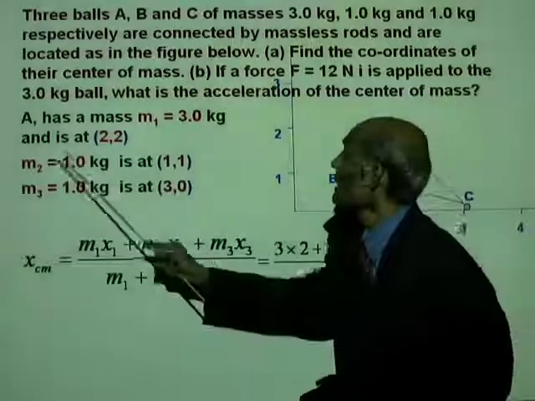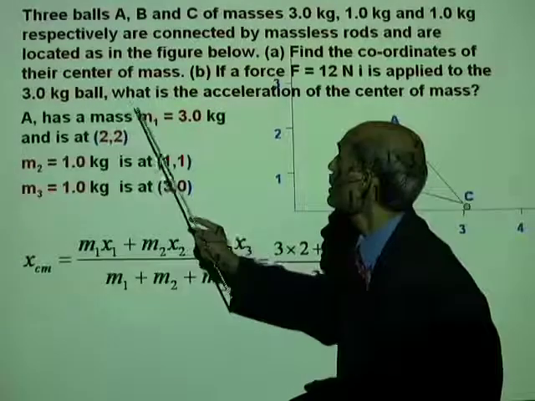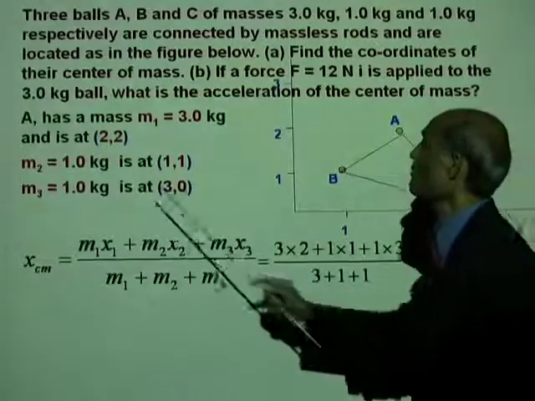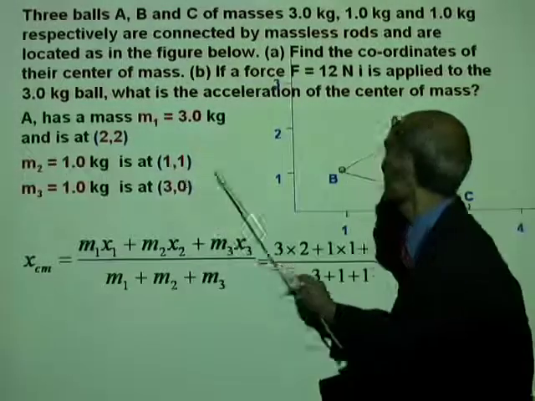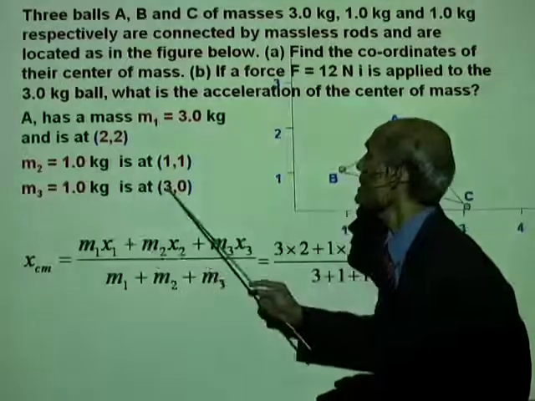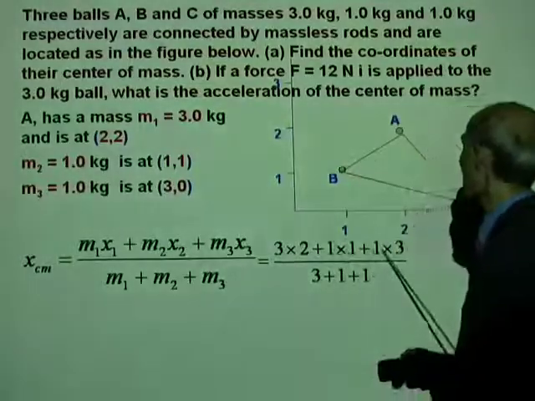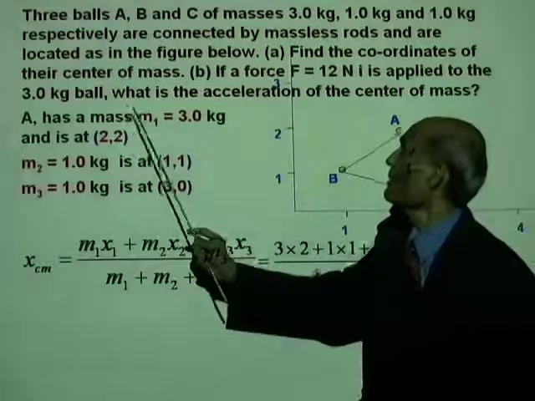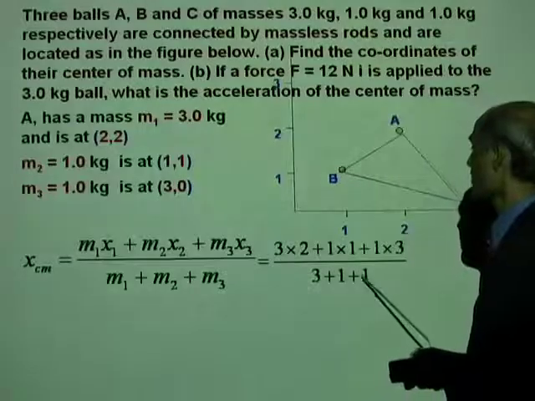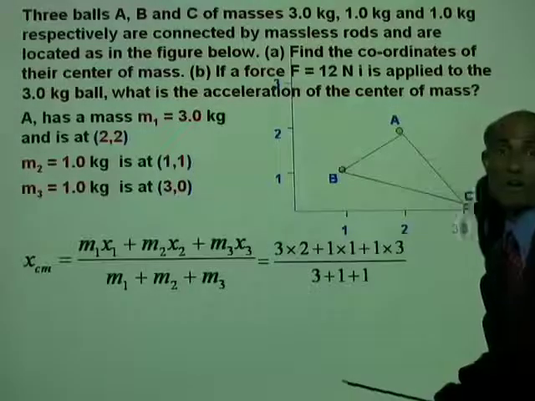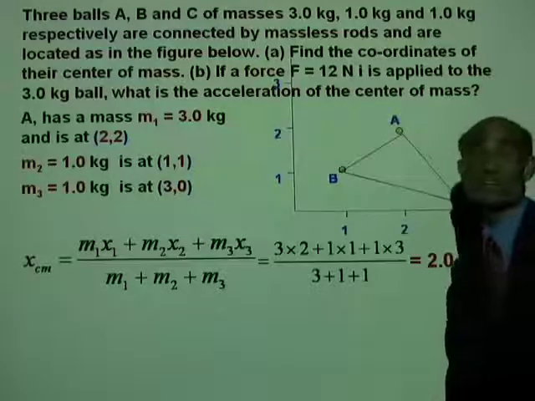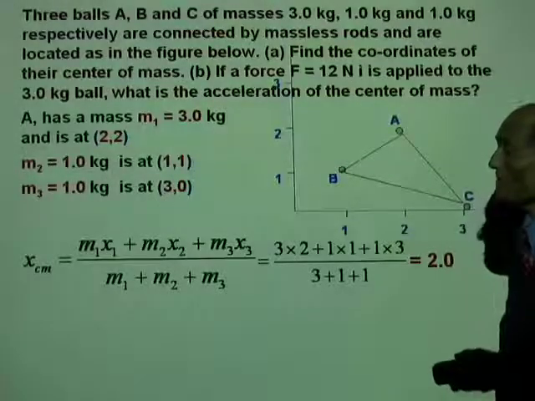That will be m1 x1 is 3 times 2, plus m2 x2 is 1 times 1, plus m3 x3 is 1 times 3, divided by m1 plus m2 plus m3, which is 3 plus 1 plus 1. Now do that on your own and see whether I got the right answer. That is x center of mass equal to 2.